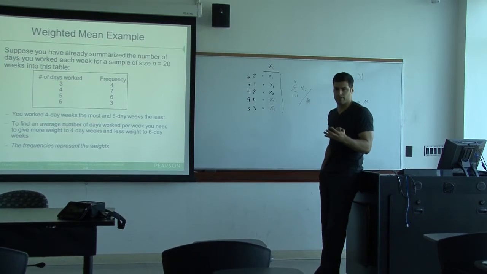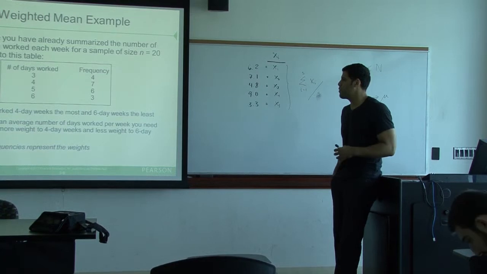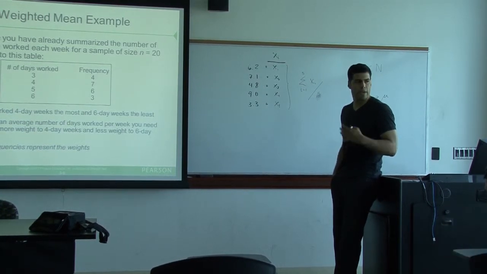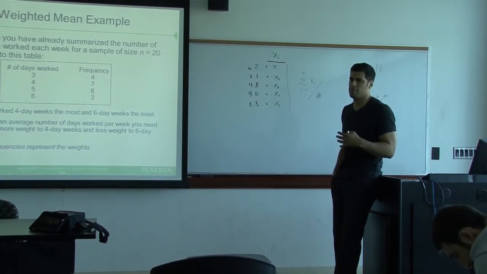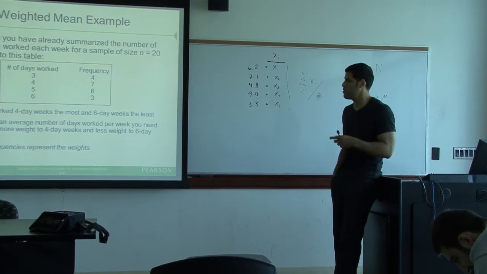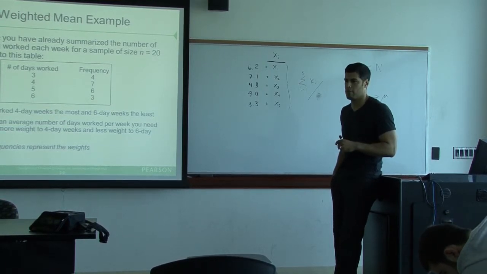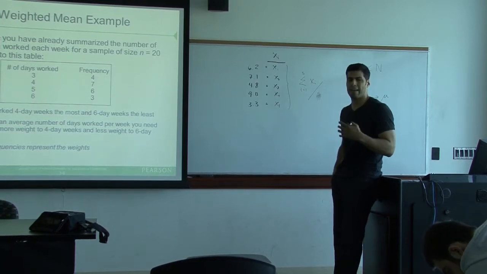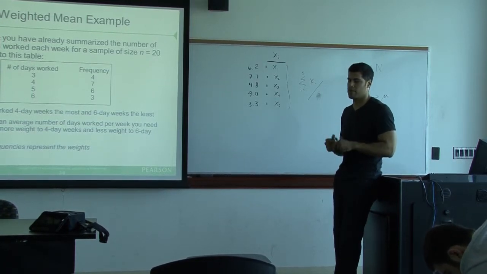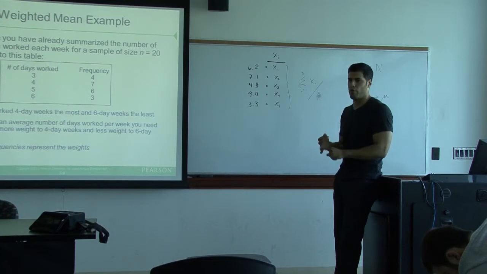So week 1 you maybe worked 3 days. On week 2 you maybe worked 6 days. It looks like you never worked 7 days in a week, and you never worked less than 3. So what are the possible classes, the possible number of days worked? You've worked either 3, 4, 5, or 6 days.